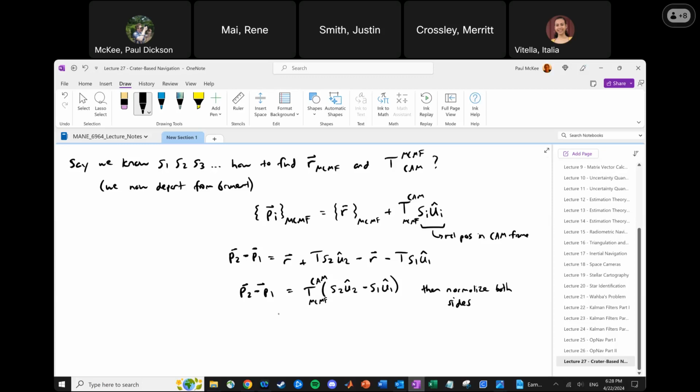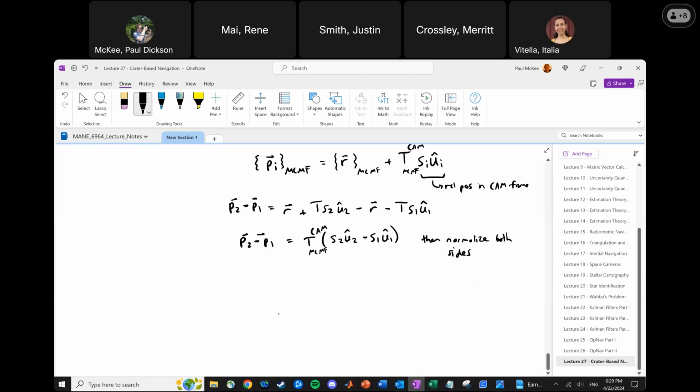The relative positions of the craters, whether or not we scale them and normalize them, although it would be nice if we normalize them for this problem, it's the same vector, right? The vector from P1 to P2 in the world frame and in the camera frame is the same vector. There's just some unknown attitude relating them, but it's the same vector. And if we did this 3 times, then actually we come back to a very familiar math problem that we already know how to solve.